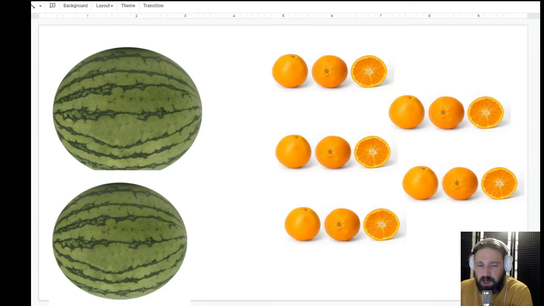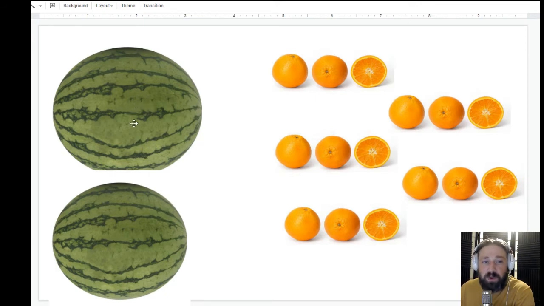If I tell him 100 pounds, what does he actually need to know in order to gather up all of his oranges? Well, he needs to know how many watermelons is 100 pounds of watermelons. He needs to know how many pounds per watermelon we have, and then do a little bit of calculations there.